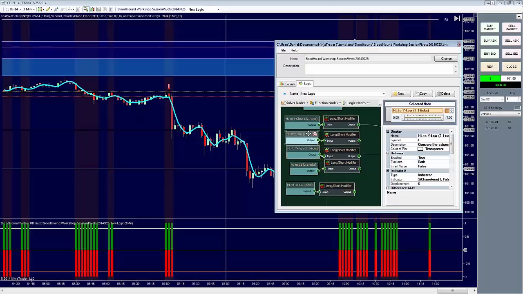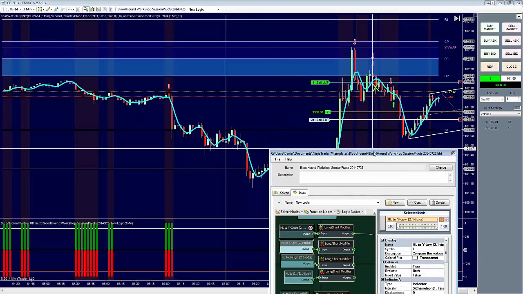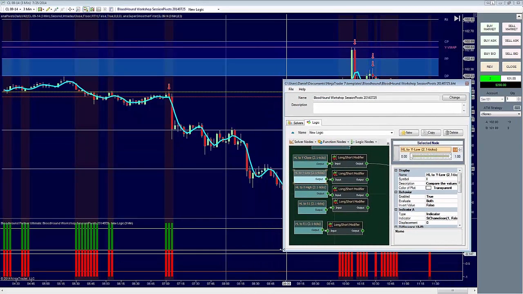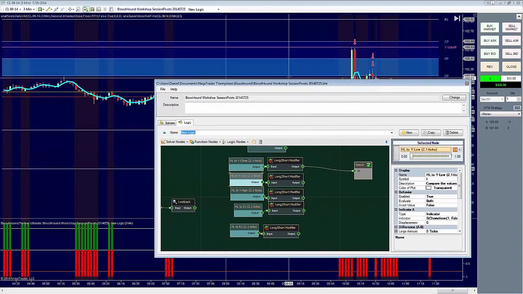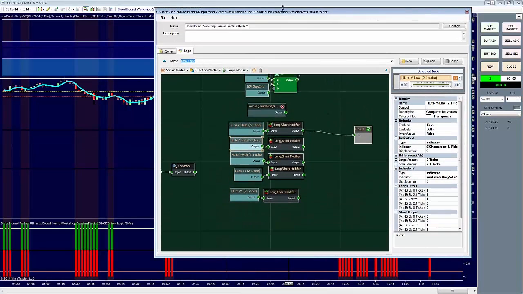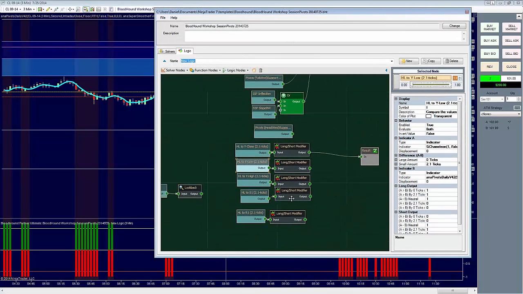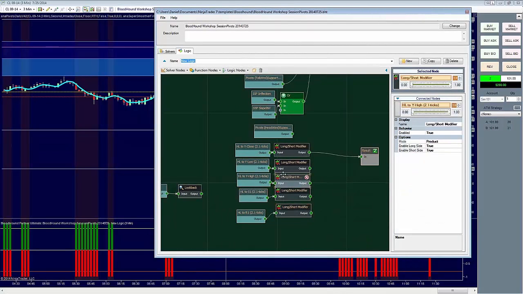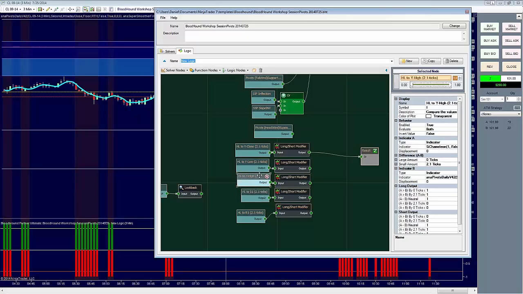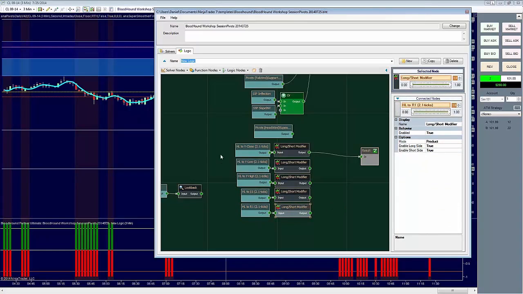So what we can do now is put all of these together with an OR node. Okay, so we have essentially our allowance. This is the zone that we're trading from. So this is our area from which we're taking the trades.